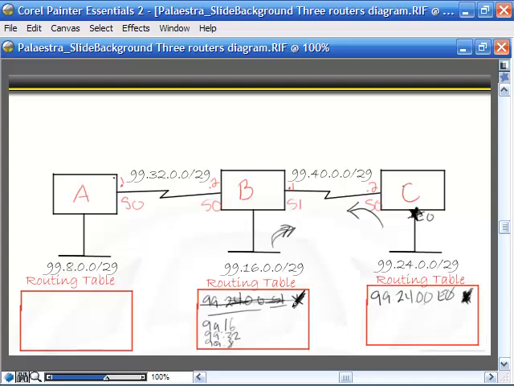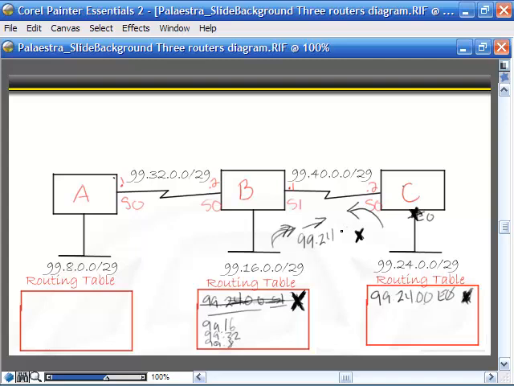B will mark this entry as down in its table, and the poison reverse is, okay, since you're marking this as down, it's okay to send the information about 99.24 to C. So he will send information about network 99.24 out of this interface, only to let C know that he knows the path is down. That's the poison reverse. It's kind of like saying, okay, I got it.